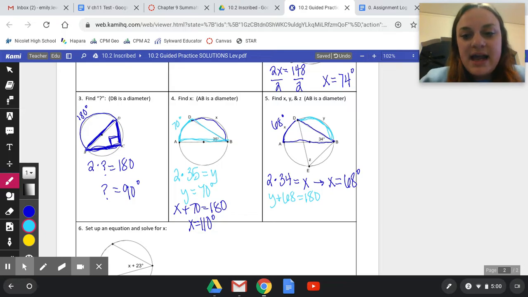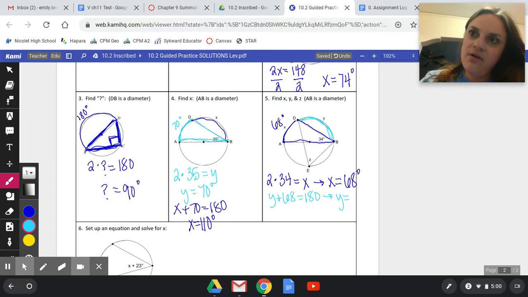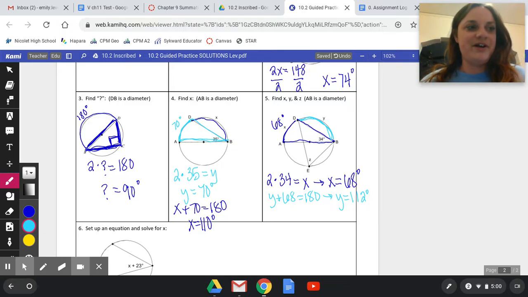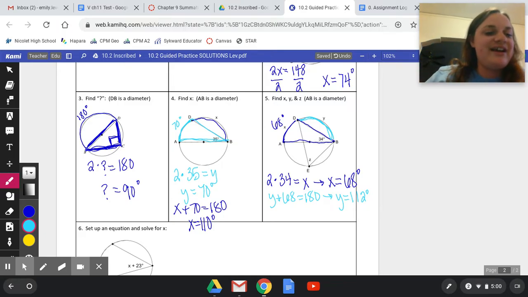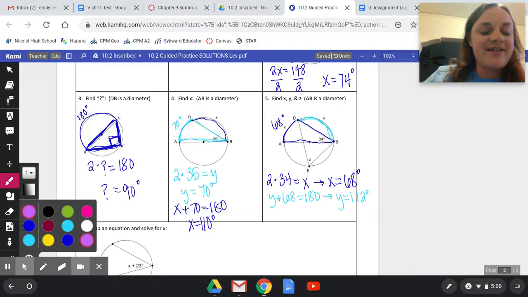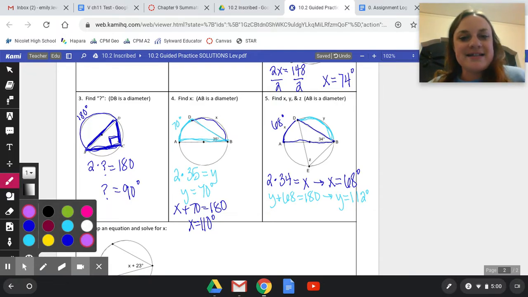It's formed by a diameter, which tells me that y is equal to 112. That's mental math, but I just want to check it just to be sure, because I'm struggling here. Okay, good. Yes, beautiful. It is 112. I double checked it on my calculator because everybody makes mistakes.